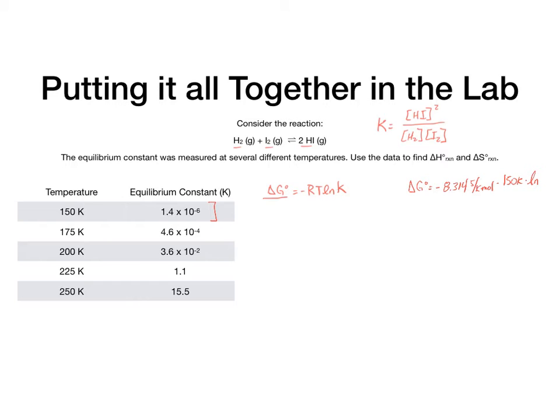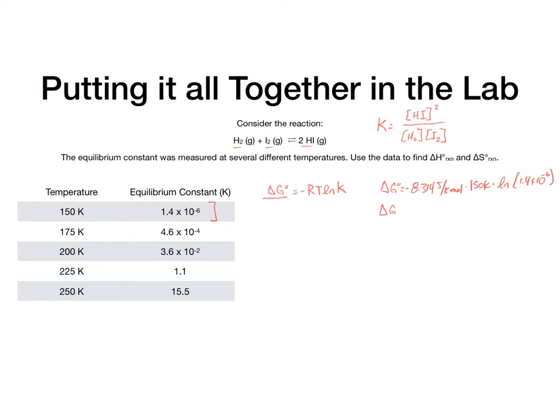And I'm out of space. Let's move over. So delta G standard is equal to minus 8.314 joules per Kelvin times mole times 150 Kelvin times the natural log of 1.4 times 10 to the minus 6.